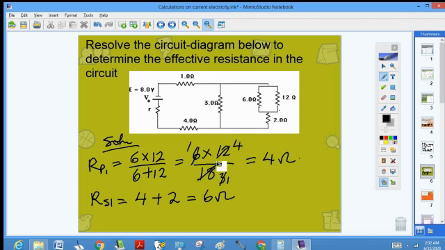Having found that, we have resolved everything within here. That means we have a single resistor coming out from here, which is 6 ohms. The effective value of the single resistor from this column is 6 ohms.